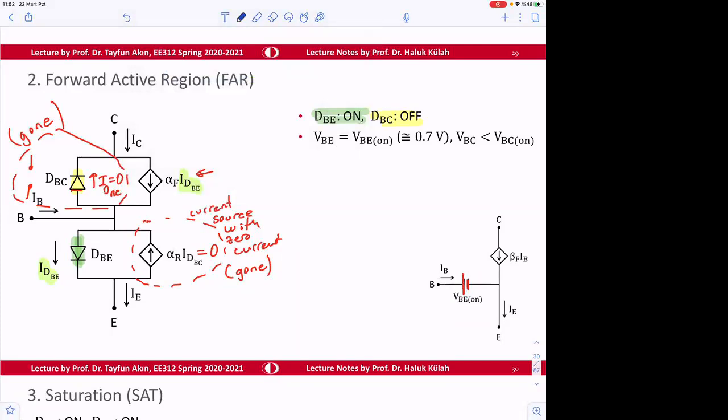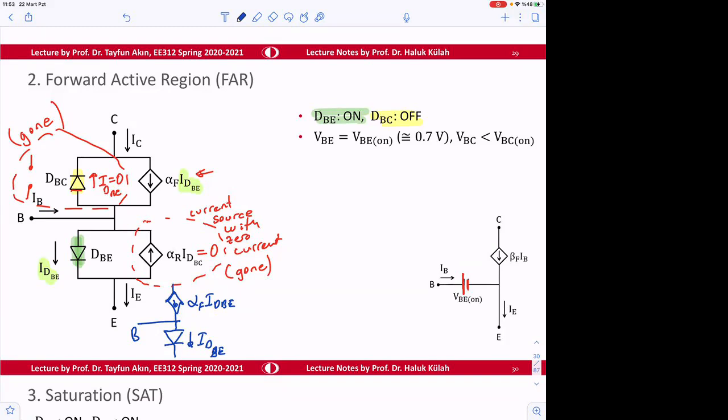There's going to be a diode here, and then the base, and then a current-controlled current source, which is alpha F times IDBE. And this is IDBE.